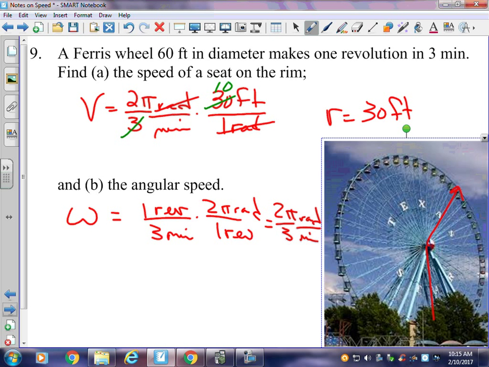You could do some of that math by hand if you want to, or you can type it on the calculator if you want to. But I like looking at the fact that those are small numbers and I can do them in my head, so I only have to type 20 times pi. You may decide, well, I'd just rather type 2 times pi times 30 divided by 3. And if that's what you want to do, that's fine. Doesn't hurt to try some fraction skills, though, once in a while. So this is in feet per minute.